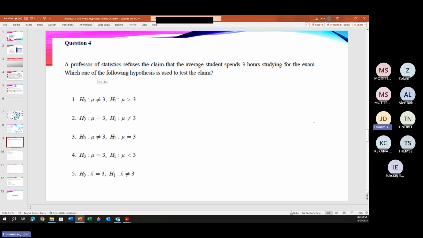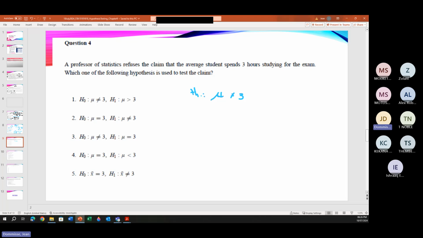Okay, so his claim is that students are not studying 3 hours. He's not saying more than 3 hours, less than 3 hours. He's just saying he does not believe that students are studying 3 hours for the exam.